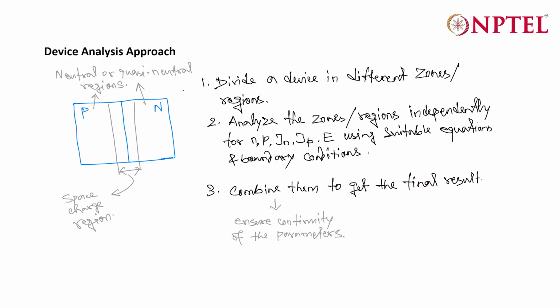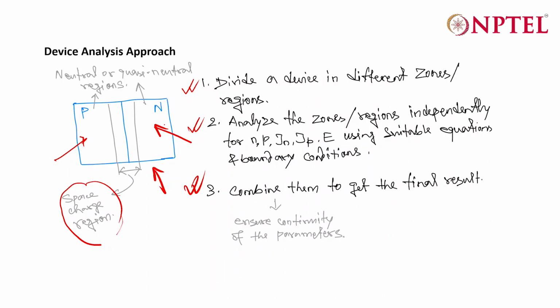We follow these 3 points, wherein first we divide the entire device into different zones. For example, if you consider a PN junction, we can divide this entire PN junction into 2 different zones. One is the near junction area, which is known as space charge region, and the other is the rest of the area, which is also known as neutral or quasi-neutral regions.